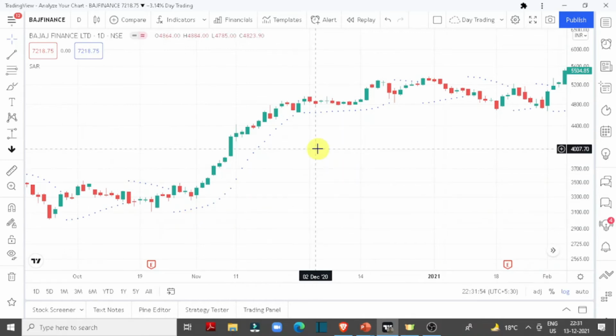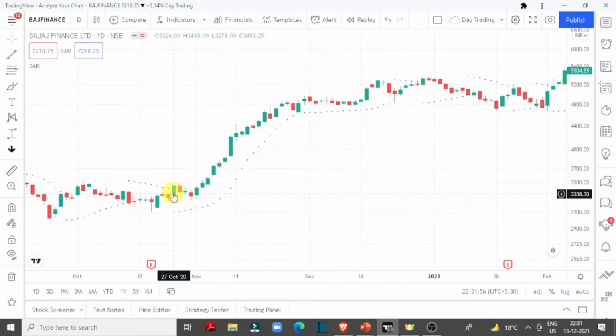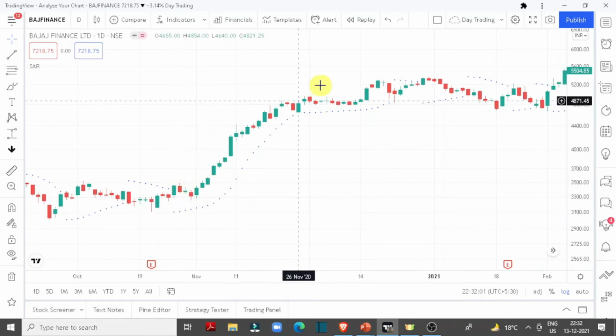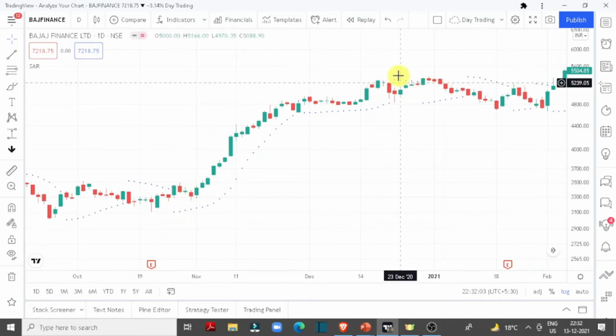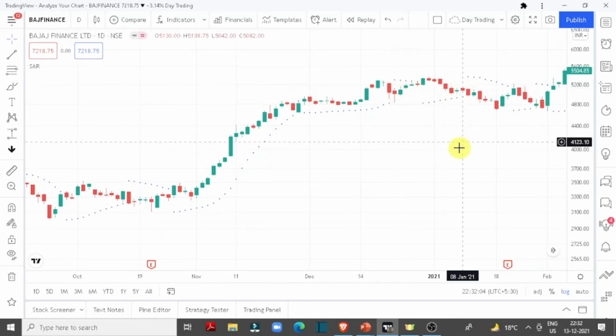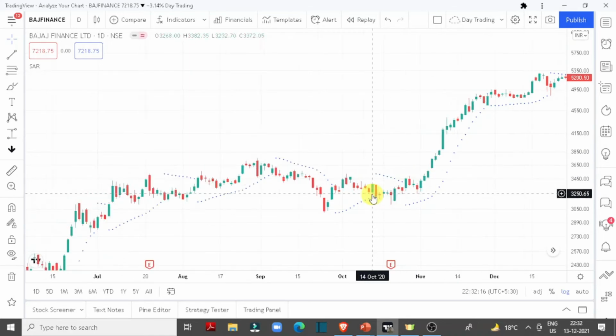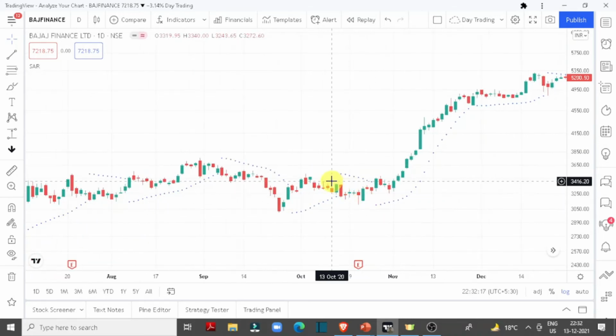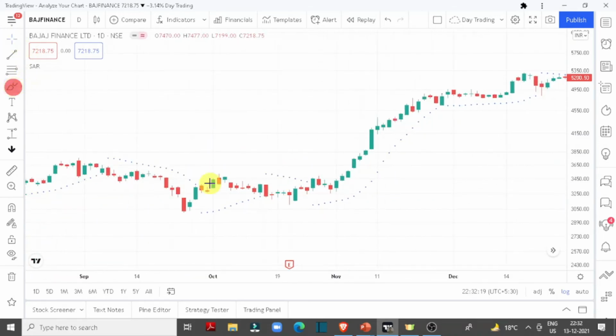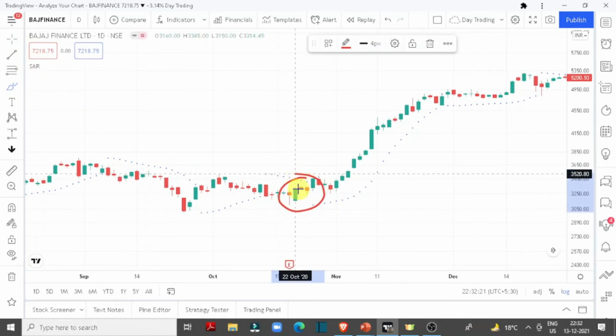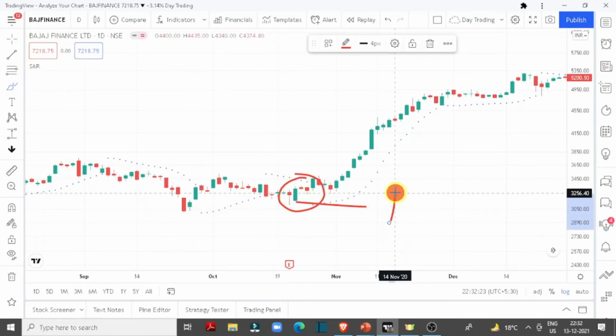It's a trading system where if the prices are above the SAR, you would buy, and if the prices are below the SAR, you would sell. We can use this tool to trail our profits. Let's say you initiated a buy position at this point.